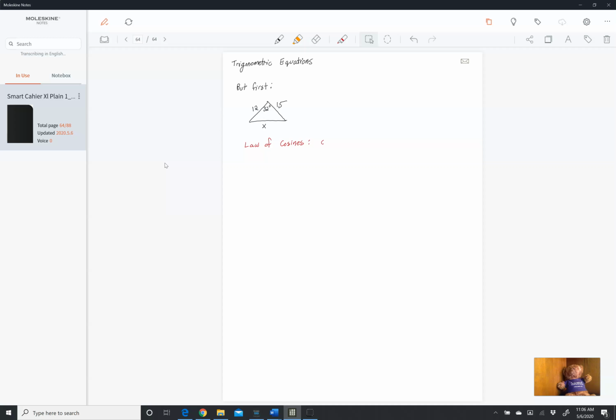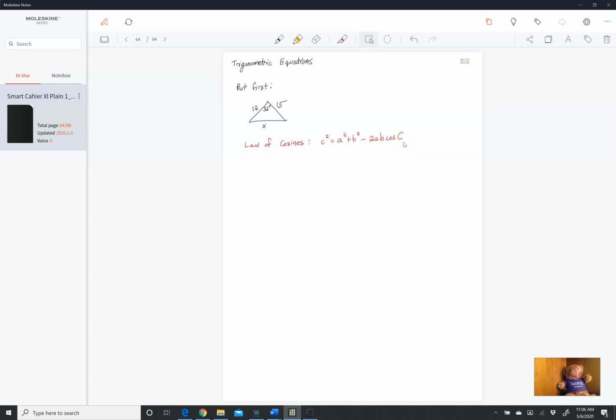And it says that c squared is equal to a squared plus b squared minus 2ab times the cosine of C, okay? If you notice, this side is opposite this angle. So if you remember, we talked about the way that we labeled triangles, and we said that we label triangles so that the angles are uppercase letters and the sides are lowercase letters, and the lowercase letter is the side that is opposite the angle with the same uppercase letter.